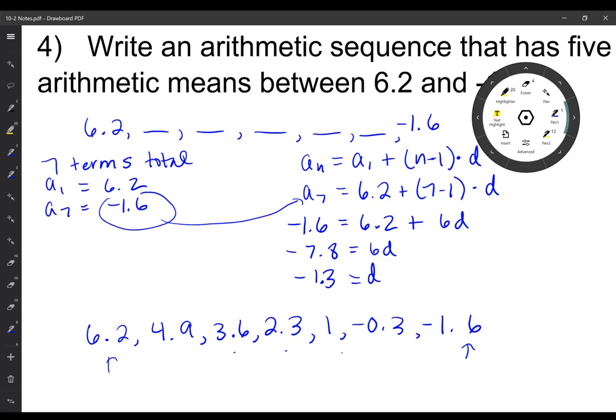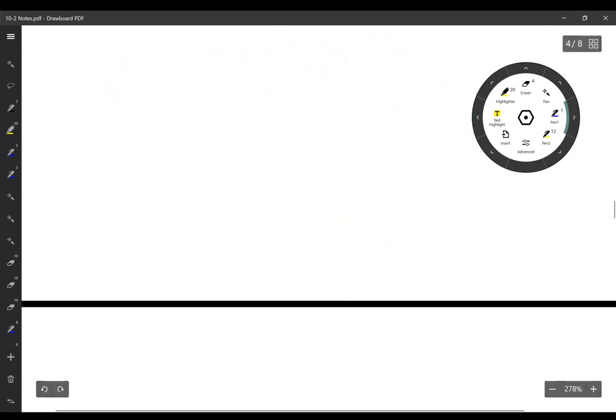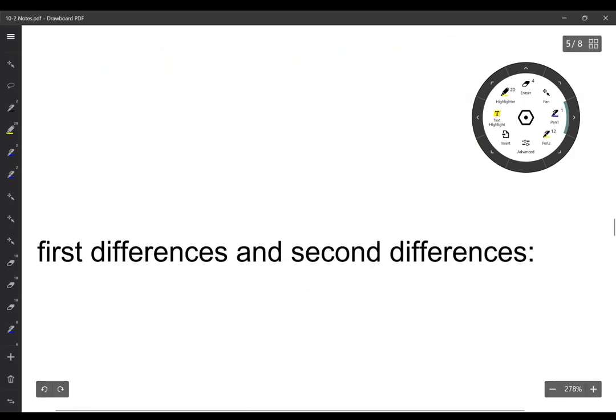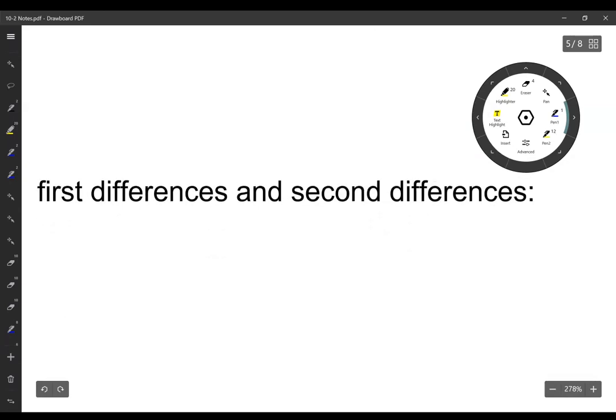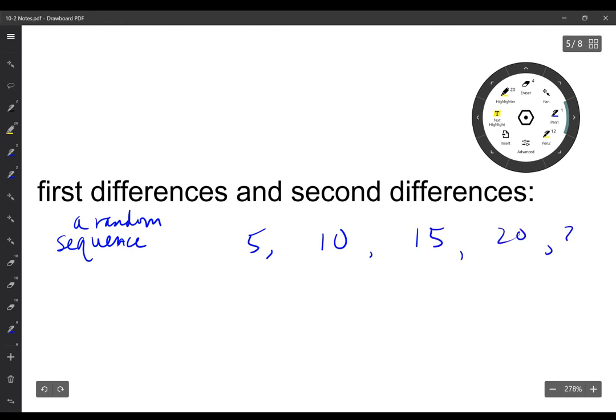So next one, we're going to explore a little bit this idea of first differences and second differences. So if I have a random sequence, and it's like 5, 10, 15, 20, 25.